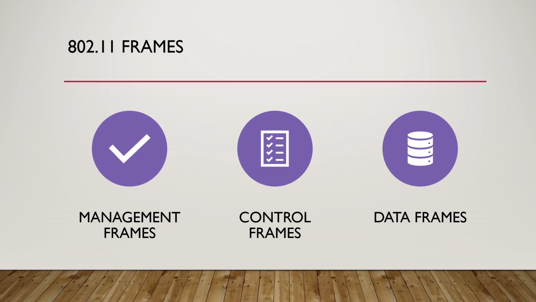802.11 has three types of frames associated with it: management frames, control frames, and data frames. Management frames perform supervisory functions. They are used to join and leave wireless networks and move associations from access point to access point.